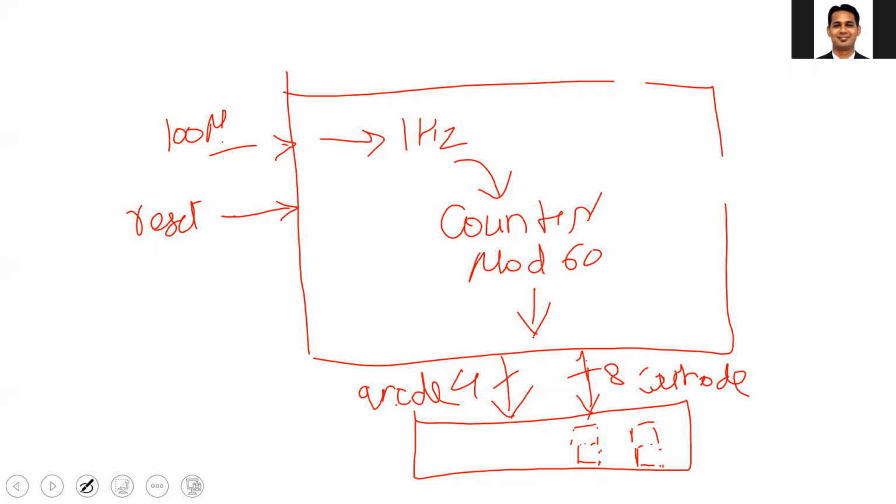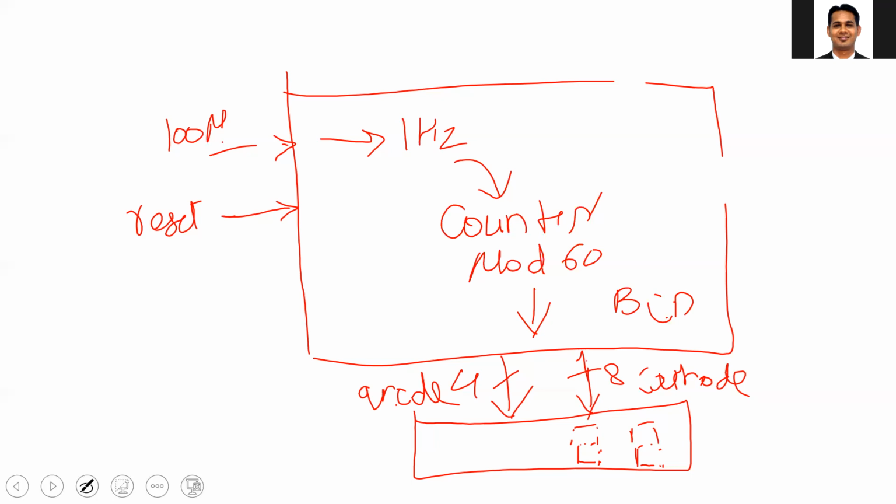Now, since this counter output is in binary, we need to convert this binary to BCD so that it can be displayed on the 7-segment display. Okay. So basically, we need to design the clock division circuit, we need to design the counter, and we need to design the binary to BCD converter, and then we need to integrate on the 7-segment display.